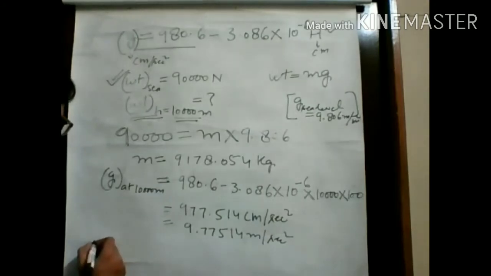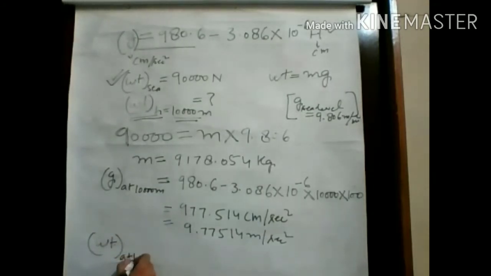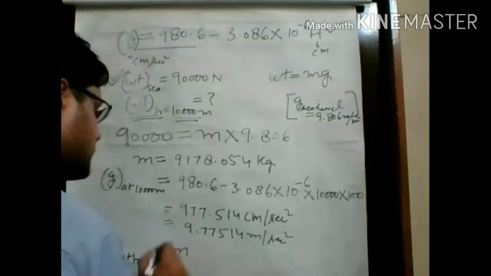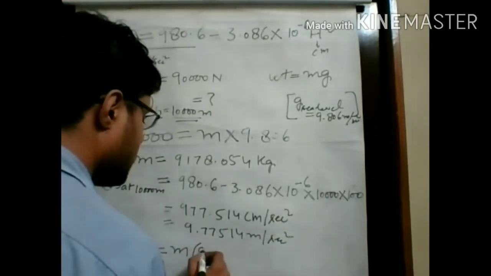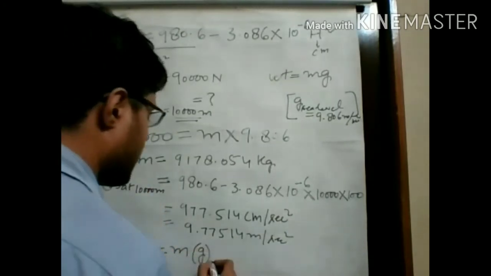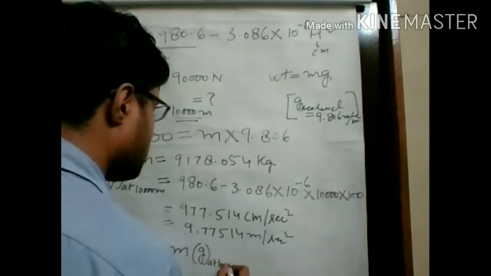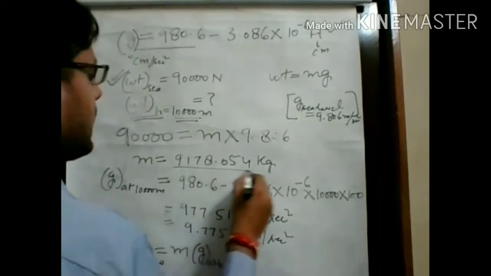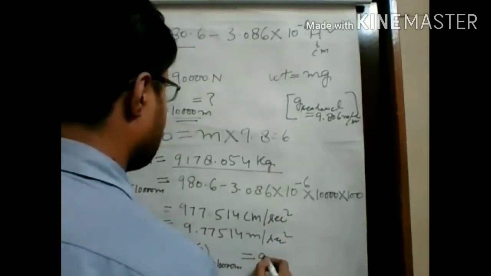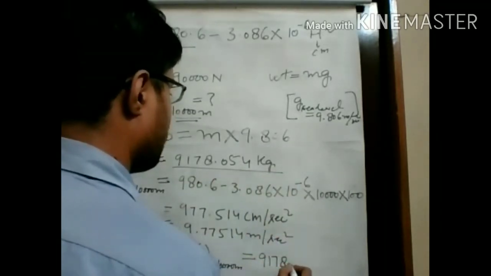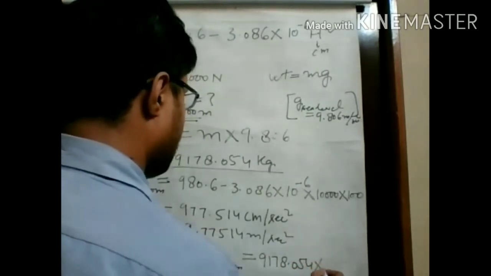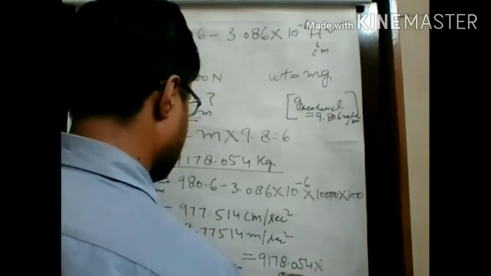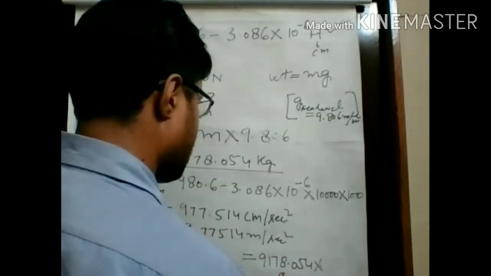Now simply calculate the weight of that plane at 10,000 meter. That is equal to mass, which is conserved, multiplied by the g value at 10,000 meter. The value of mass is 9178.054 multiplied by 9.77514.